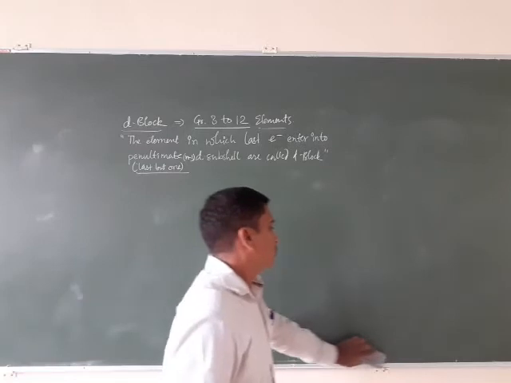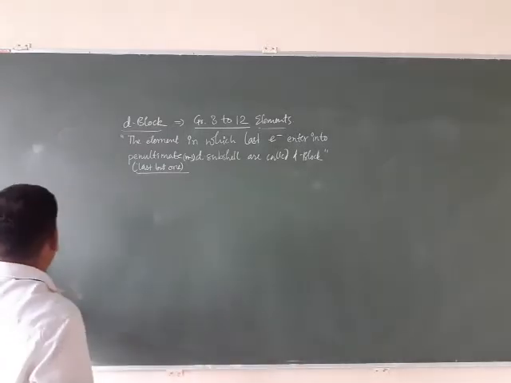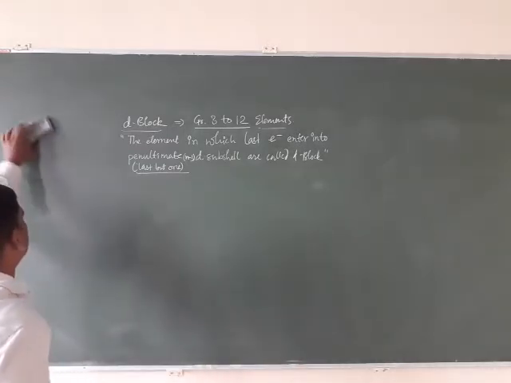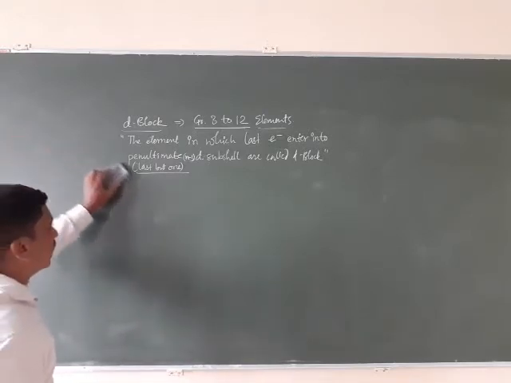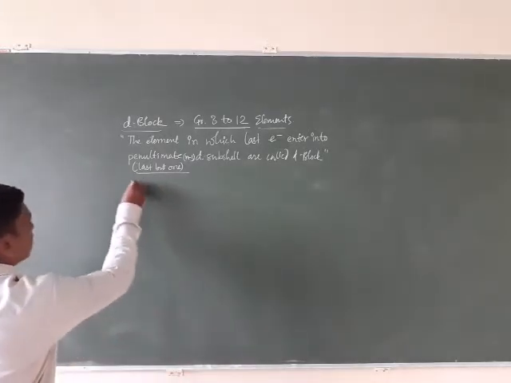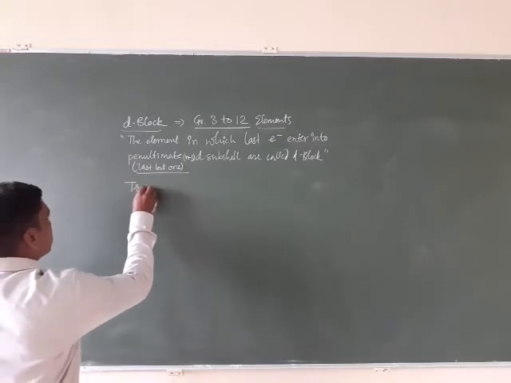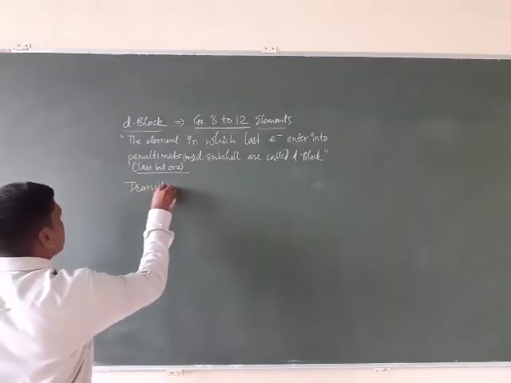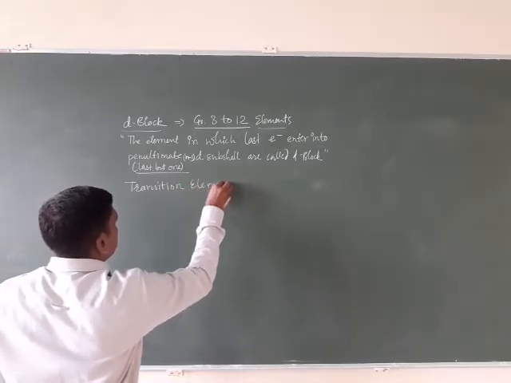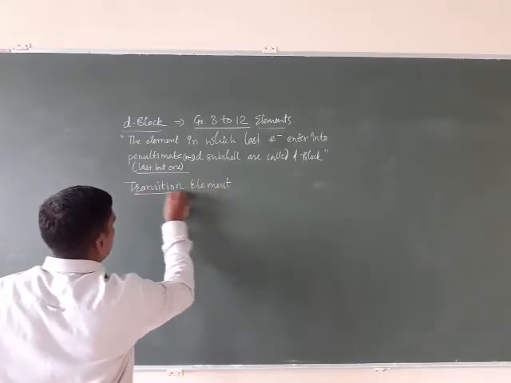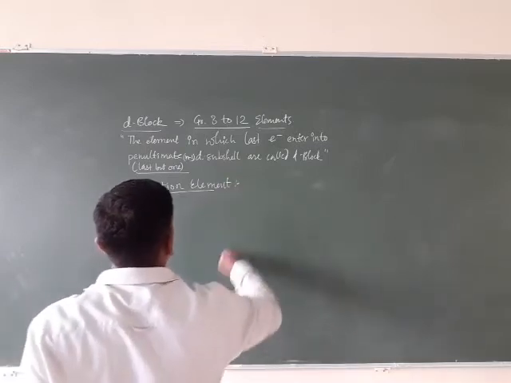So whatever the number of the valency shell, we subtract 1, and then in that d orbital the electron is going to enter. They are also called transition elements or transition metals.